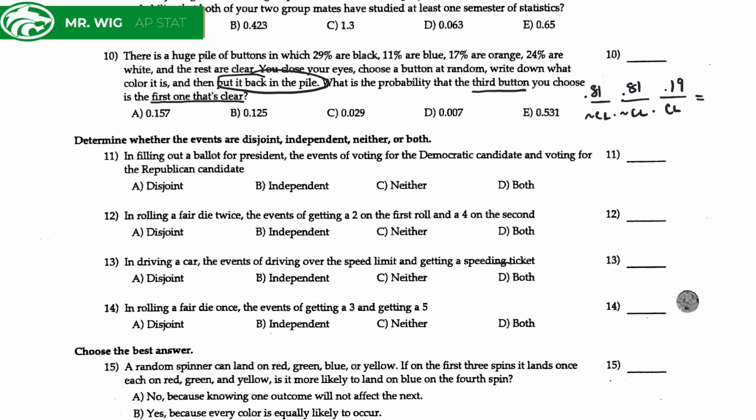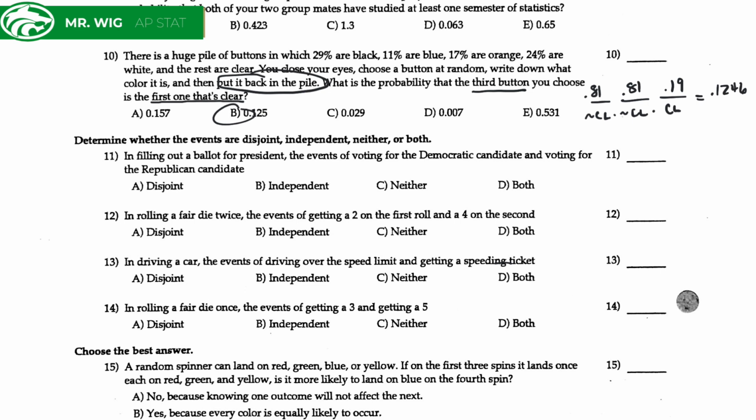We know that the rest of them are clear, and so that allows me to work that out pretty easily and get 0.1246 as my answer choice, which is answer choice B, right? Don't let the wording here confuse you when it says that the third one you choose is the first one that's clear. Just slow down, think about what it's saying, and go from here.